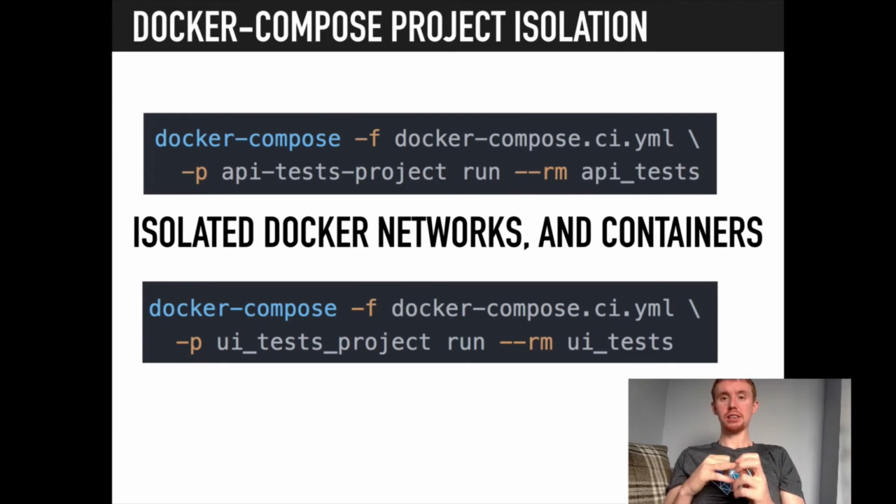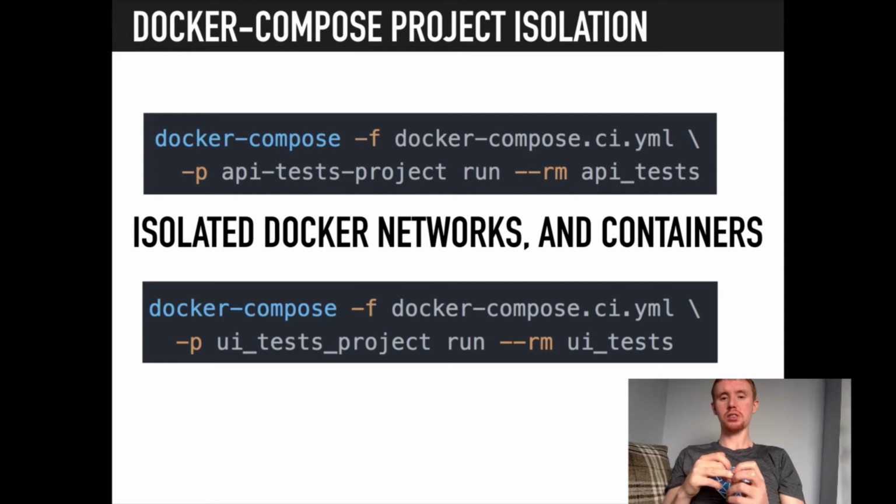Docker Compose has a flag called -p. -p is basically a project prefix to apply to Docker networks and containers. Normally in Docker Compose, it is default underscore. So if you've been using Docker Compose before, you will see that it has default underscore and then the name of your containers and the name of the network.